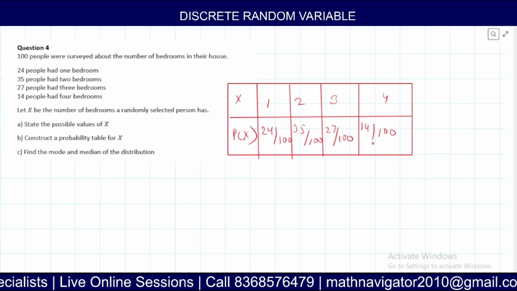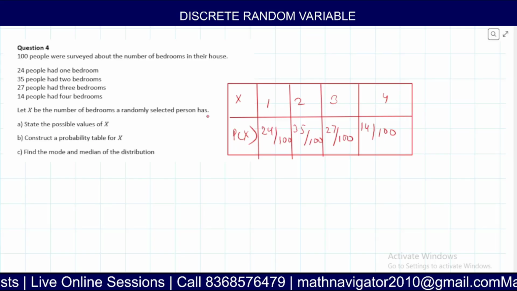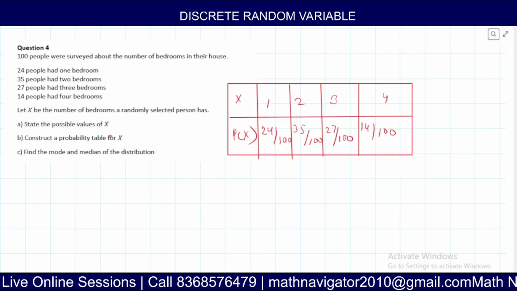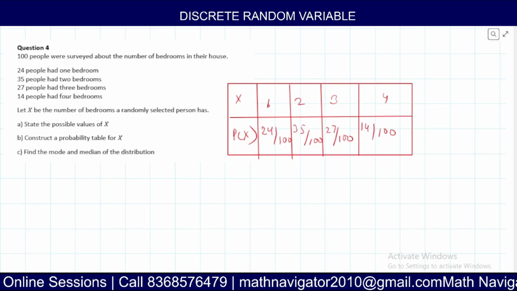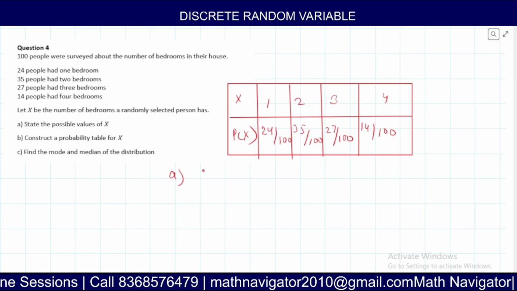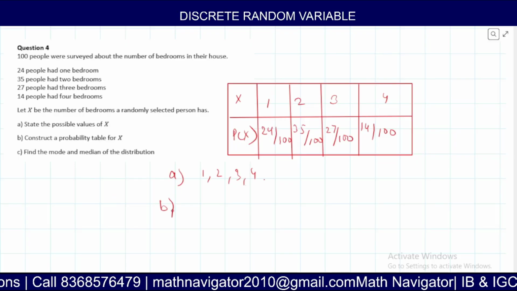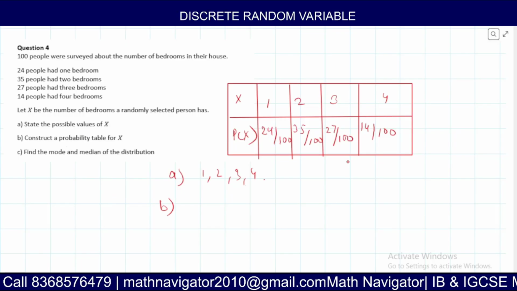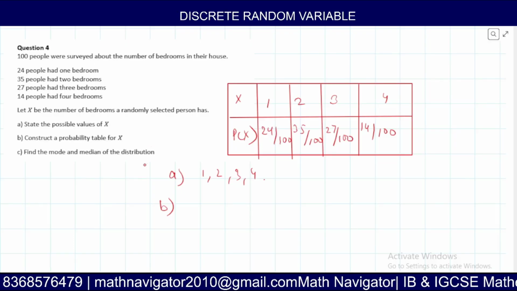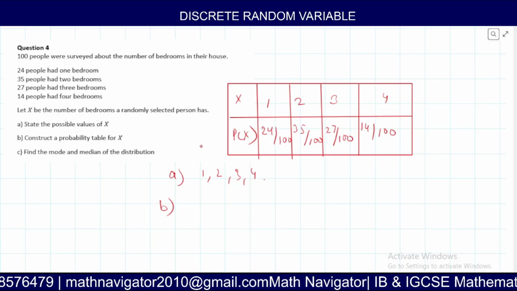Got it? Let x be the number of bedrooms a randomly selected person has. State the possible values of x. What are the possible values of x? 1, 2, 3, 4. We construct the probability table for x, which we have already constructed. Find the mode and median of the distribution.